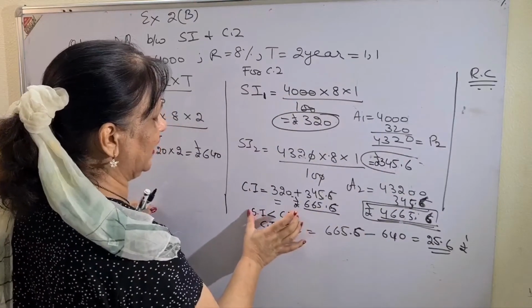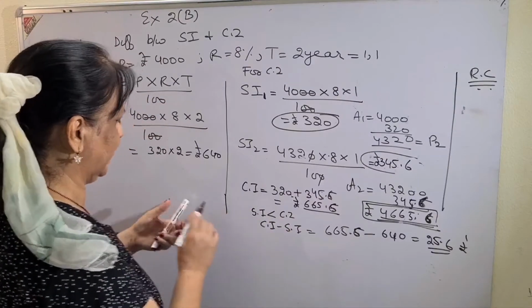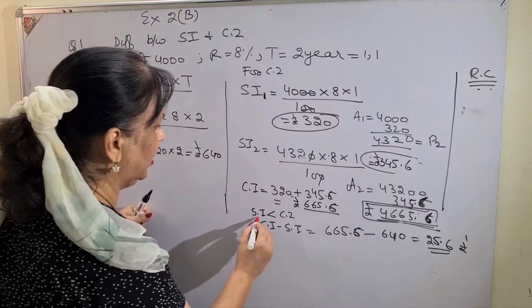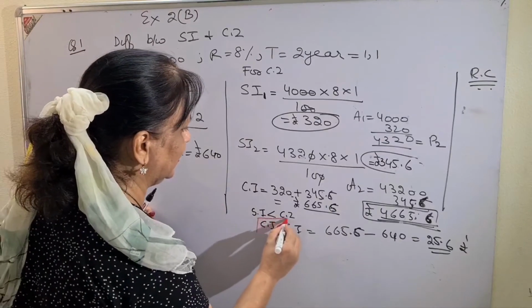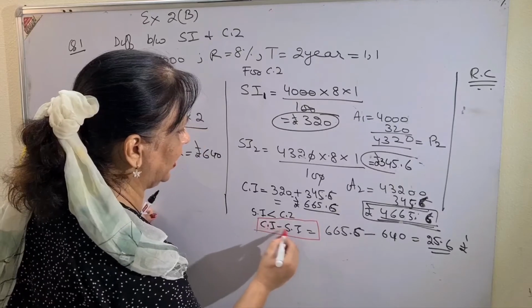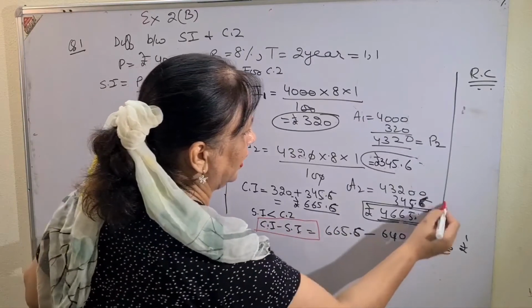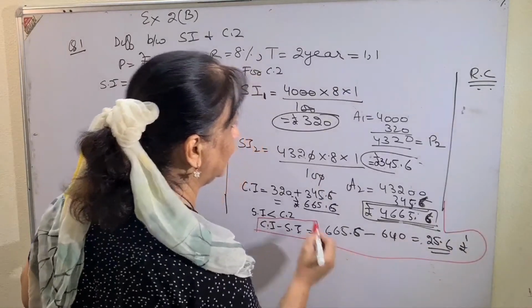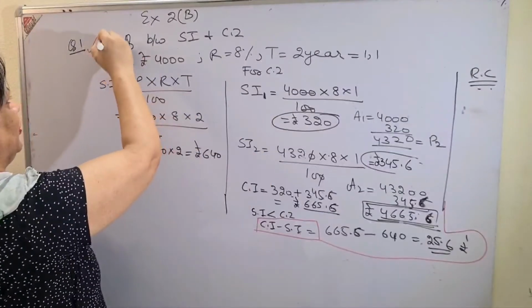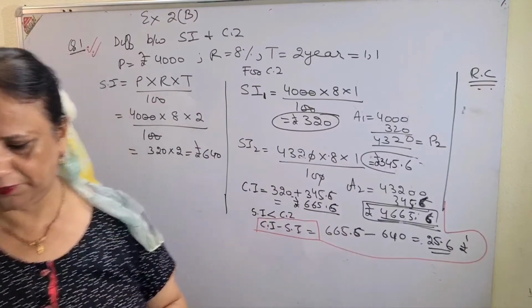So you will get CI, then ultimately the question was the difference between CI and SI, so I have done that at the last. Always CI is greater than SI. So CI minus SI, 665.6 minus 640, and this is your required answer. This question is important for the paper, so I have done it. But calculations should be very, very careful.